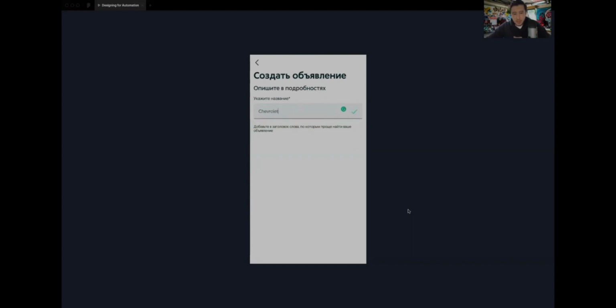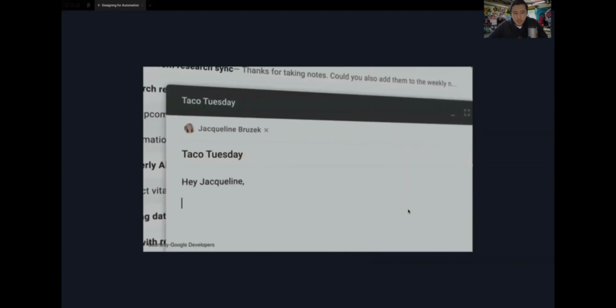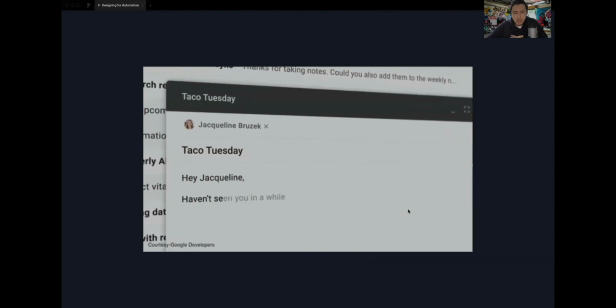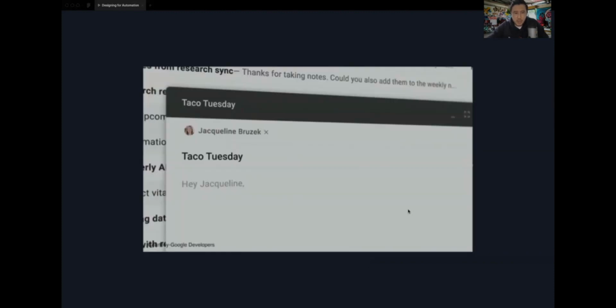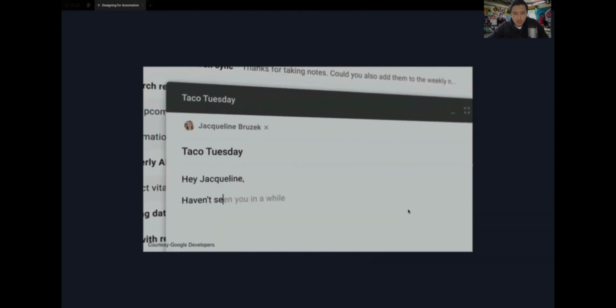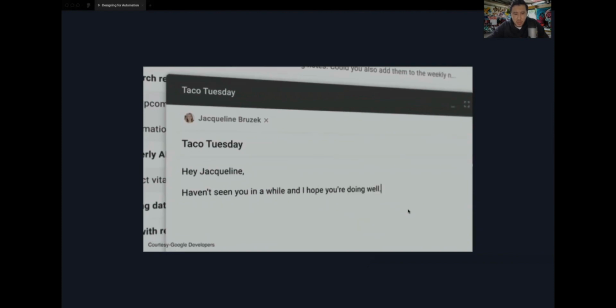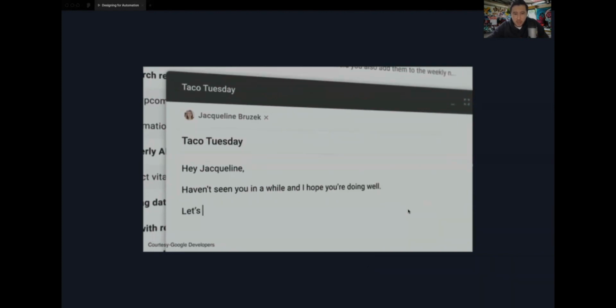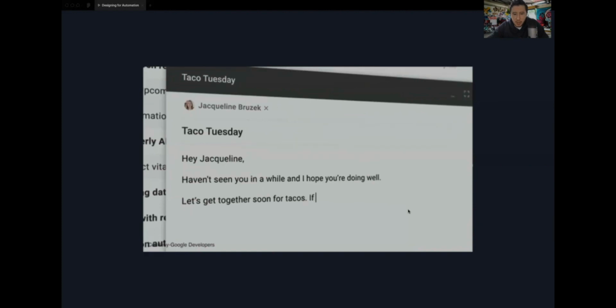Another example is Gmail. I think in 2018 Gmail announced a new email writing machine learning feature. So while you are writing an email, it automatically suggests the text, and you can select it and send it easily.